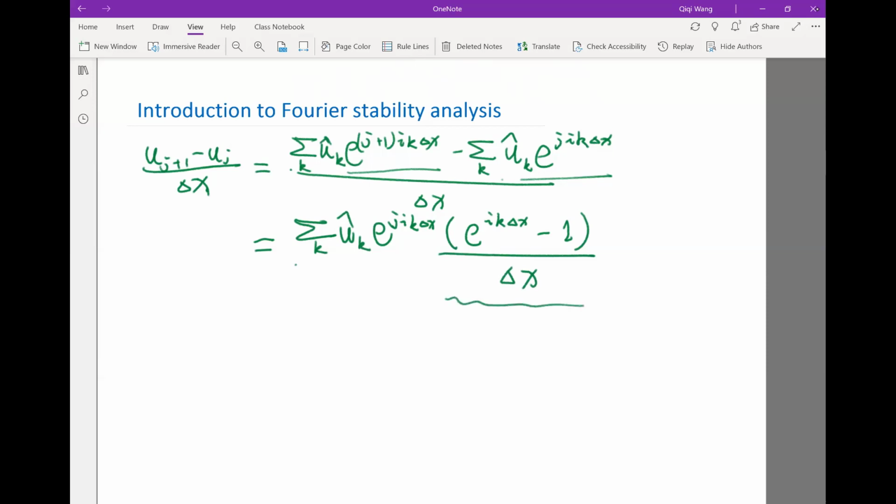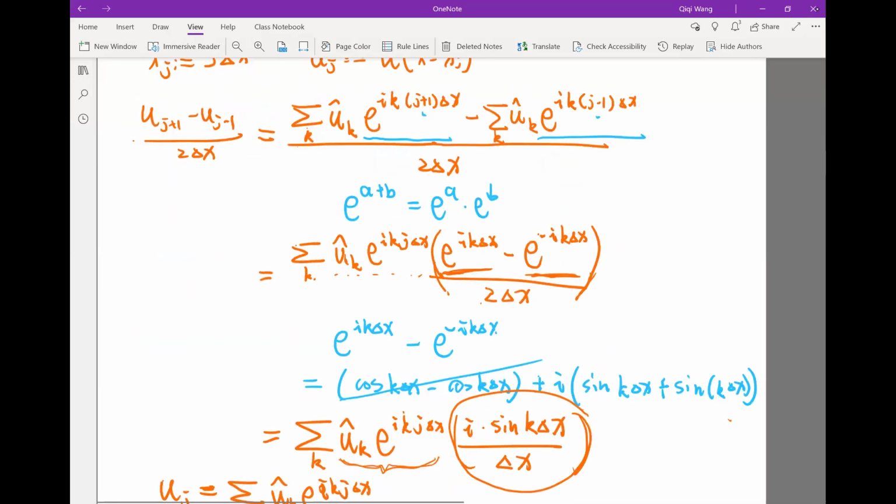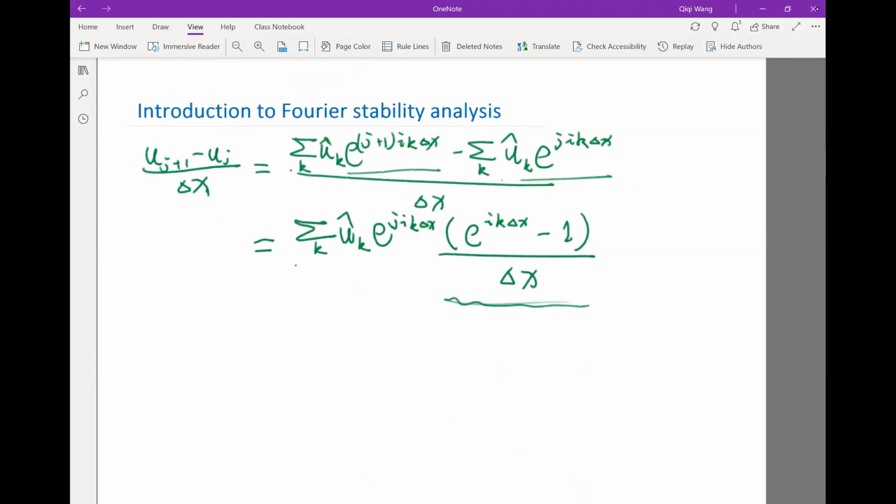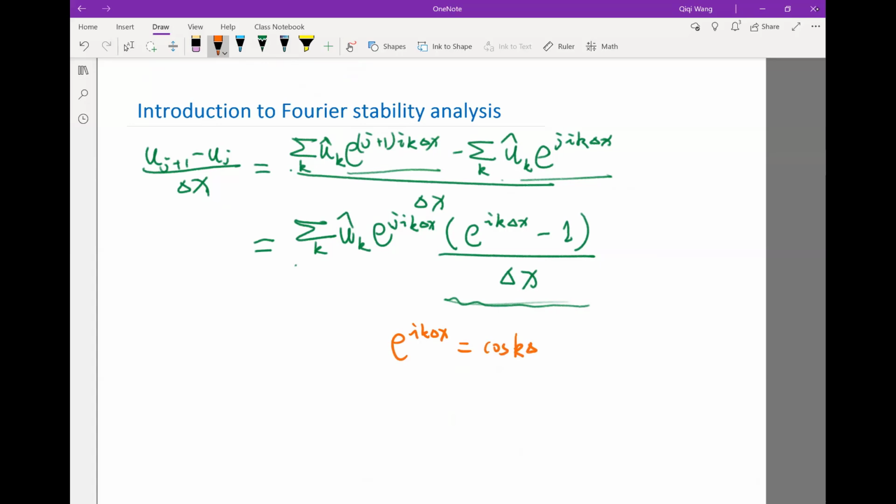Now let's start to look at this term, which is a little bit different from what we get before, right? It's no longer the difference between two exponential functions. It's the difference between one exponential function and one. So we can still write e to the i k delta x as cosine of k delta x plus i times sine of k delta x. And as soon as we write this, we can see that what we get is not going to be exactly imaginary. We have actually introduced a real component, which contributes to either growth or decay, right?